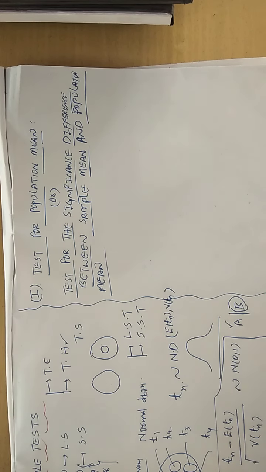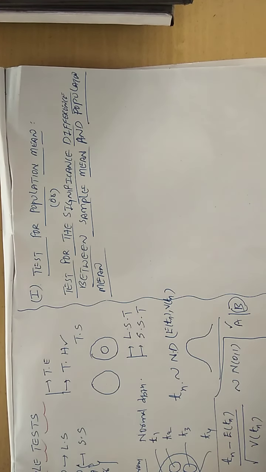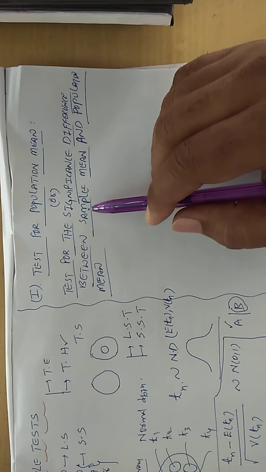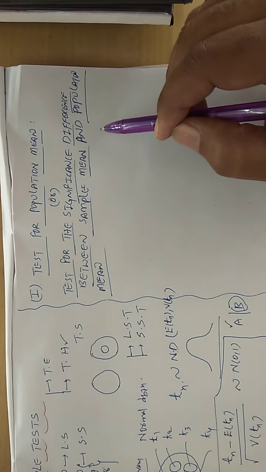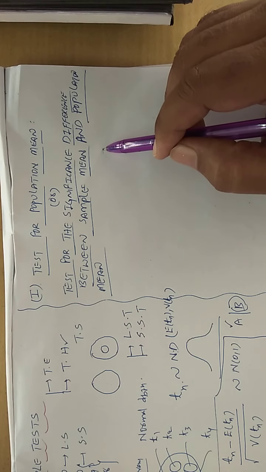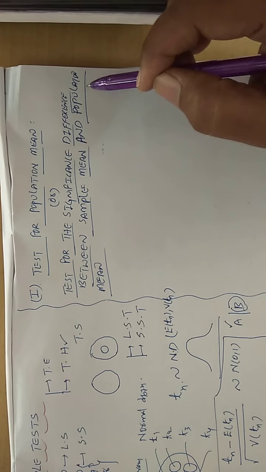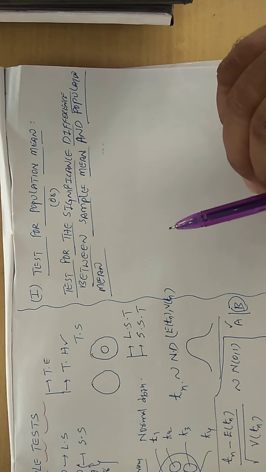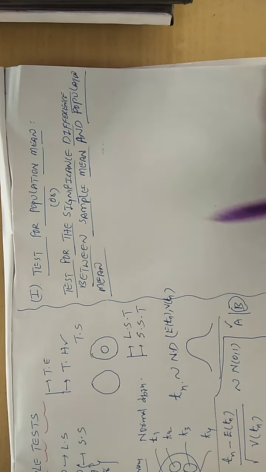Now we are going to discuss the testing procedure of the first test under large sample tests. So what is the title? Test for population mean, or else a test for the significance difference between the population mean and the sample mean. Now actually, what is the purpose of this test?